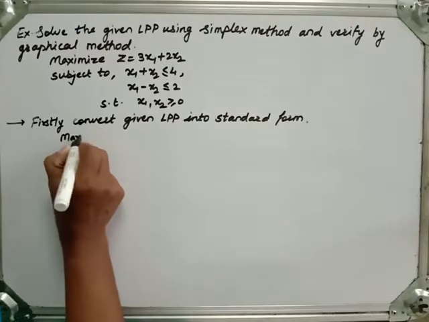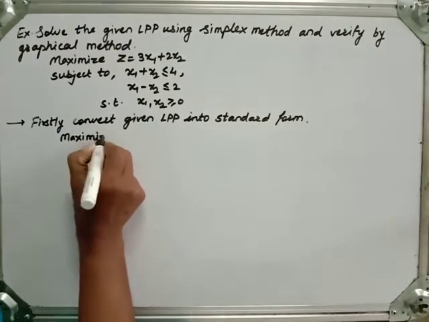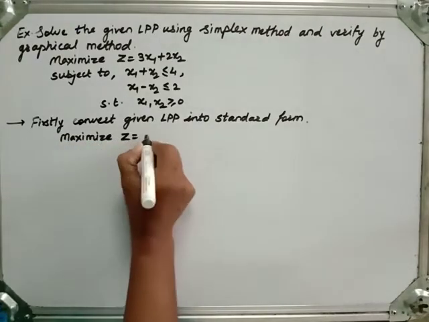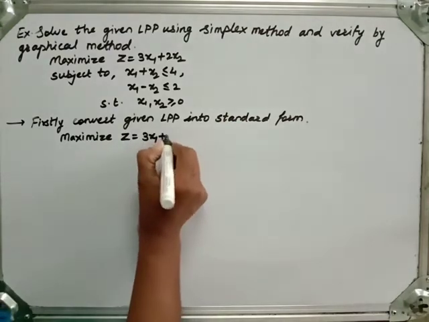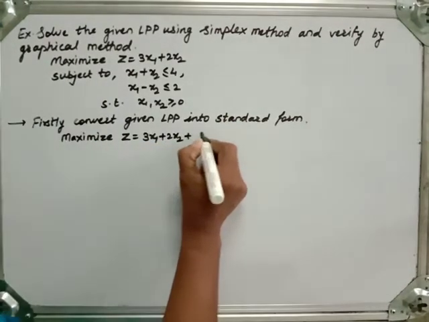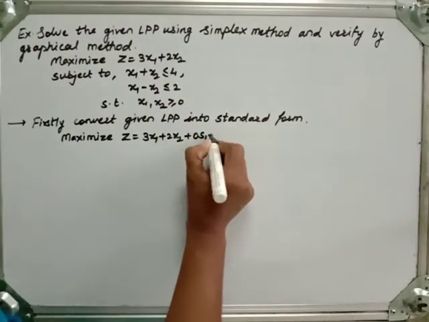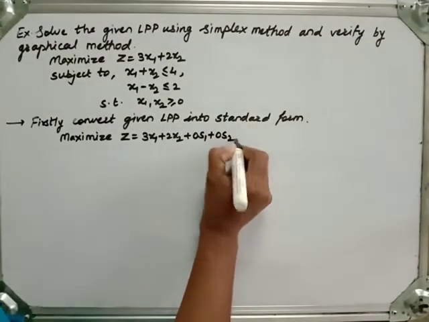So I will write the objective function: maximize z is equal to 3x1 plus 2x2, and we need two slack variables. The coefficients of them are 0 in the objective function.